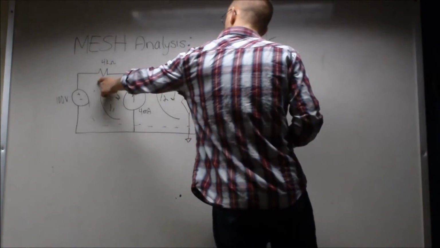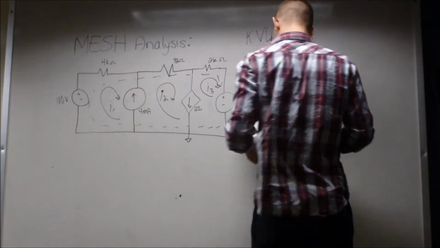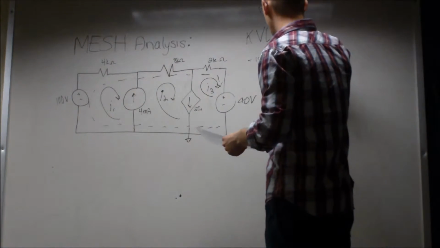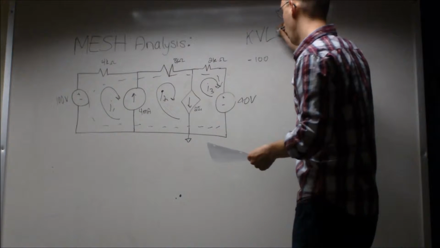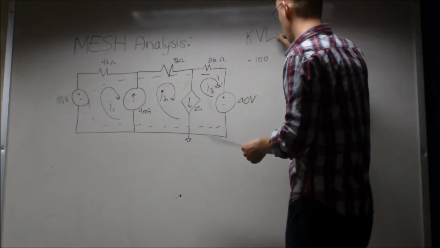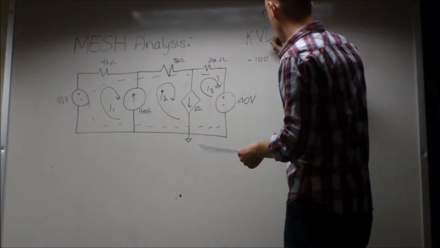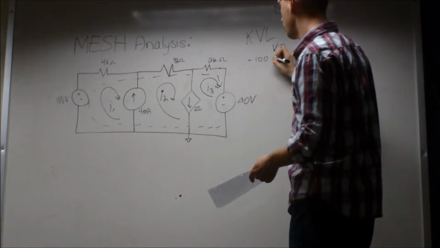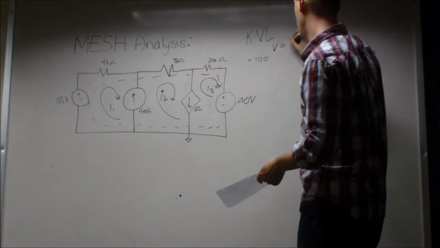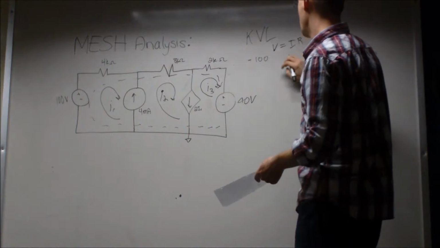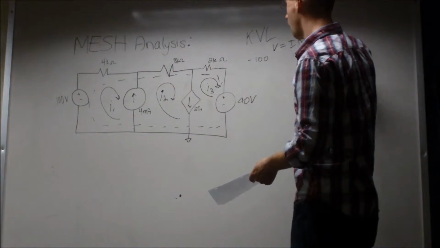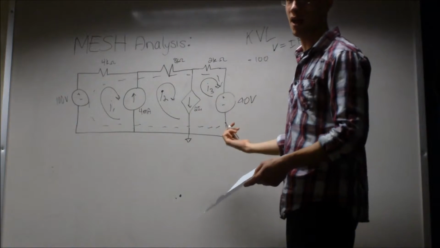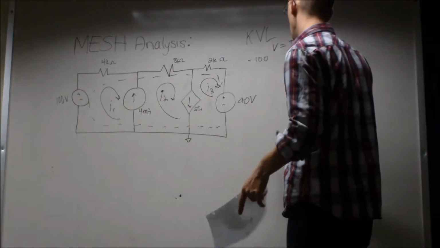The next component would be that 4 kilo ohm resistor. Kirchhoff's voltage law is all about voltage. When writing out these equations, you're going to keep in mind Ohm's law, V equals IR. In KVL, you're summing up all the voltages going up and back down in the circuit.